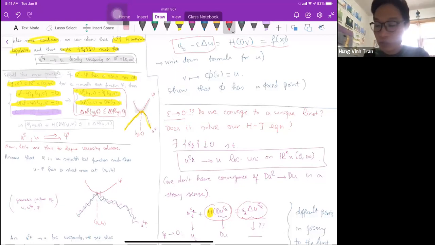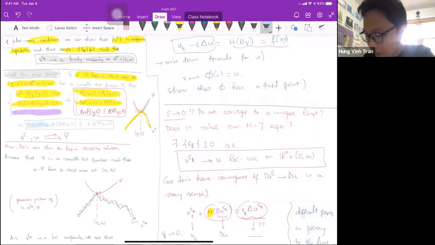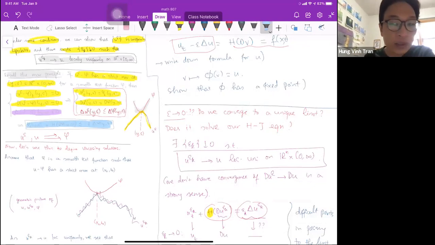What is really beautiful is that, in these conclusions, I have phi_{y_s} plus H of D phi at y_s is less than or equal to epsilon Laplacian of phi at y_s. In that, I have been able to pass all the derivatives to phi.